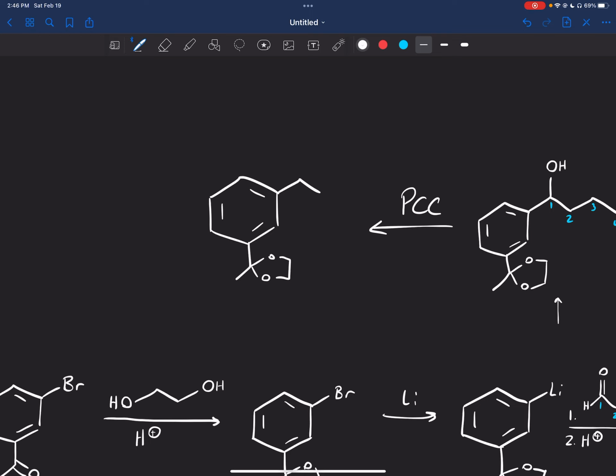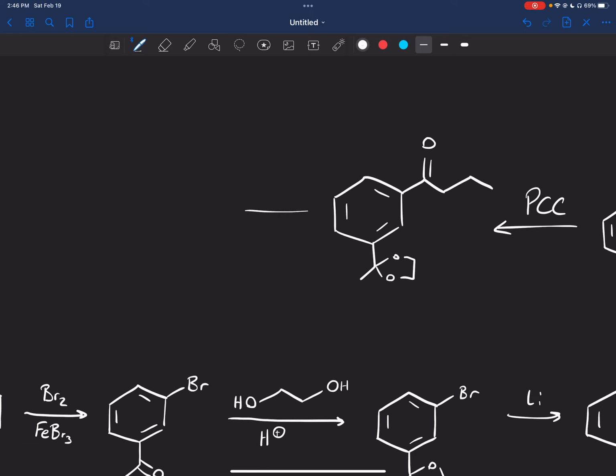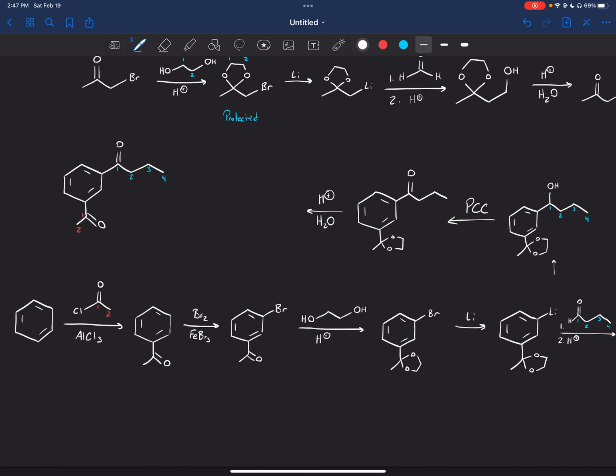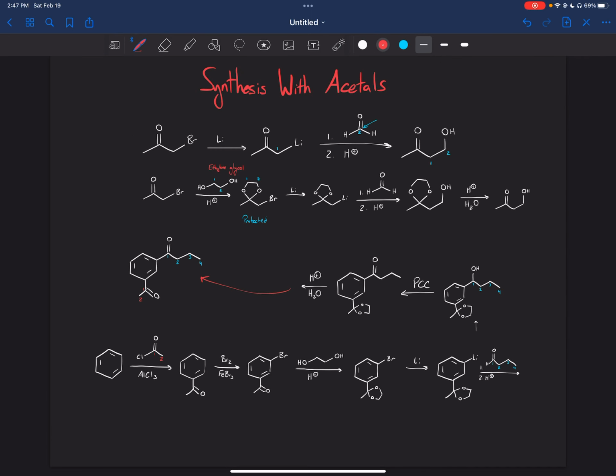And it just turns it into a double bonded O. And the very last step, take off our protecting group with some acid and water. And now we are going to go right to there. This double bonded O is back to where it was. And that's how we use acetals in synthesis.